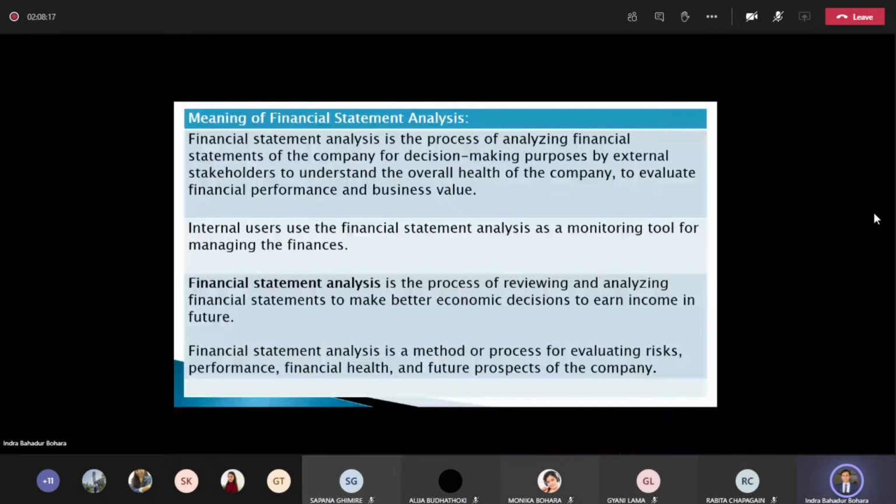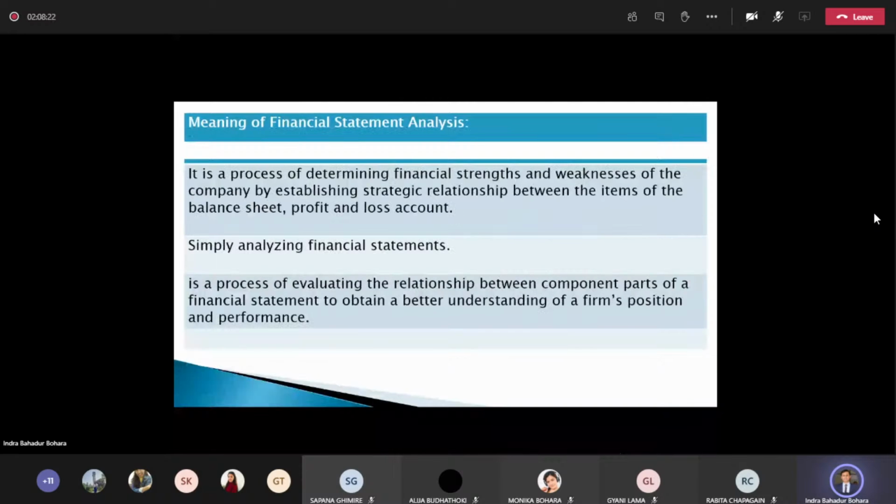Therefore, financial statement analysis is a process of identifying the financial strength and weakness of the company by developing different ratios and comparing different figures presented in the balance sheet, profit and loss account or income statement, statement of retained earnings, etc.